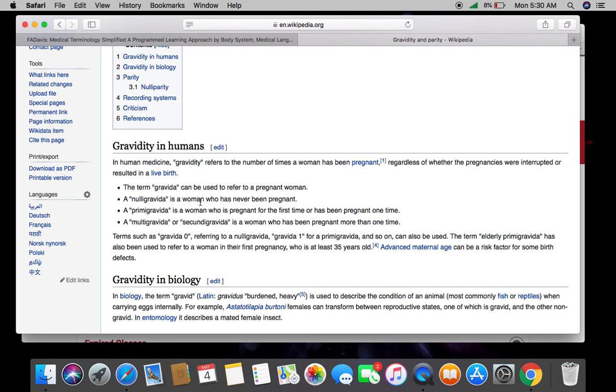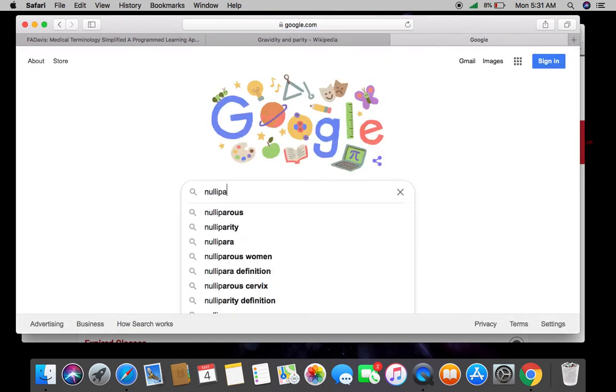Now, you could do that with parity. So nulliparous, which is this word, never gave birth to a baby greater than 20 weeks. Primiparous, see if I'm spelling it right.